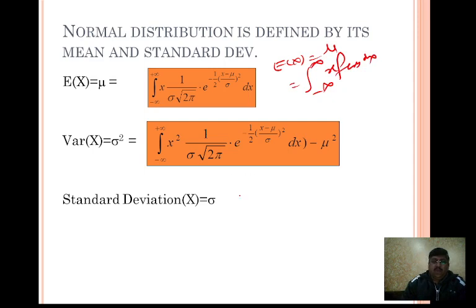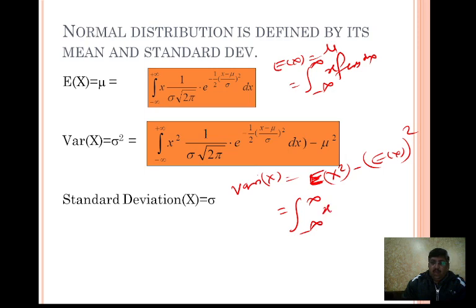And now we'll define the variance of x. So variance of x can be defined as expectation of x square minus expectation of x whole square. So you can see that expectation of x square looks like the integral from minus infinity to plus infinity of x square f of x dx, minus E of x, which we have just calculated as mu.